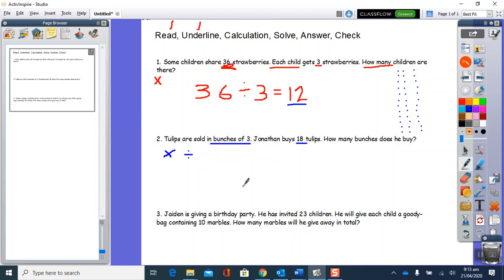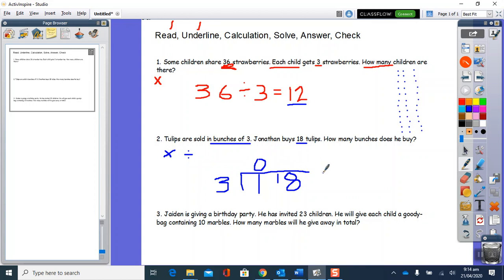This time I'm going to do short division. So 18, my dividend, goes under here, and 3, my divisor, goes here. So 3 goes into 1 0 times. Carry that 1 over. 3 into 18. Let me count up.